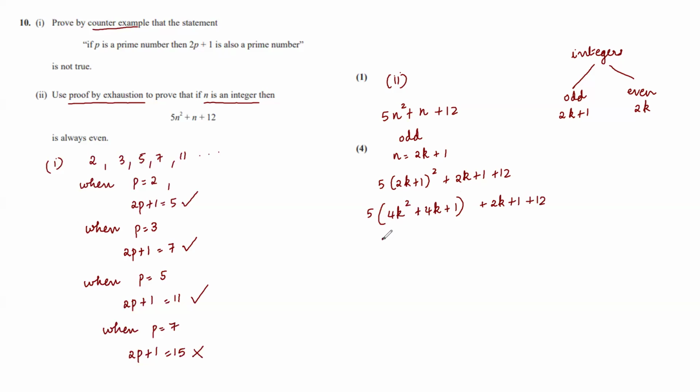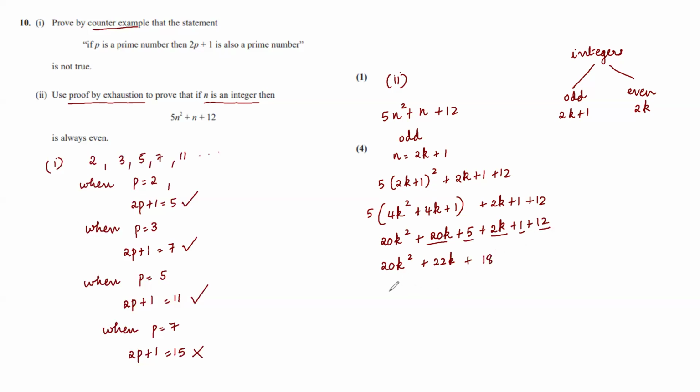This is 5 into 4 is 20, 20k square plus 5 into 4 is 20k plus 5 into 1 is 5, plus 2k plus 1 plus 12. Simplify this further, we will get 20k square plus 20k plus 2k is 22k, plus 5 plus 1 is 6, 6 plus 12 is 18.